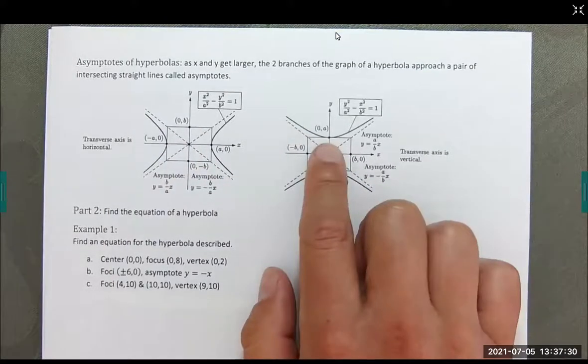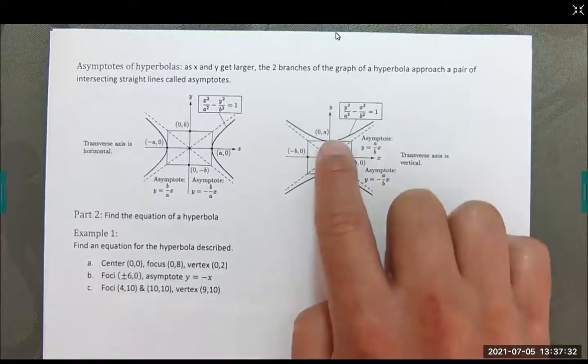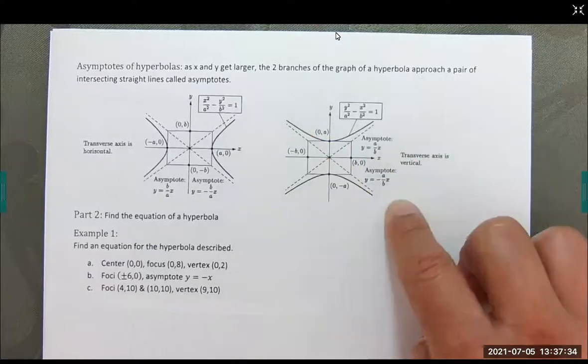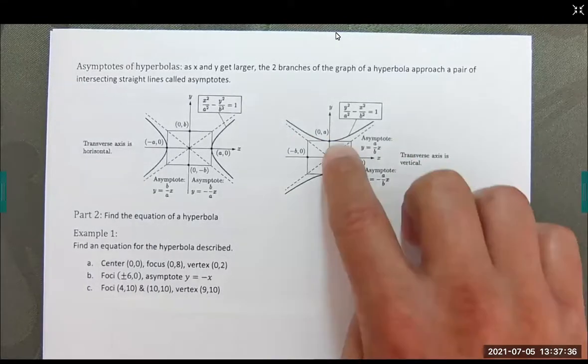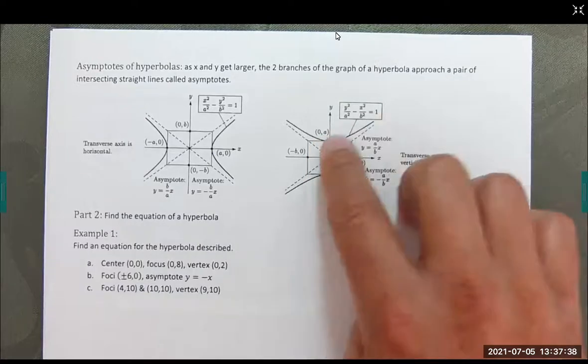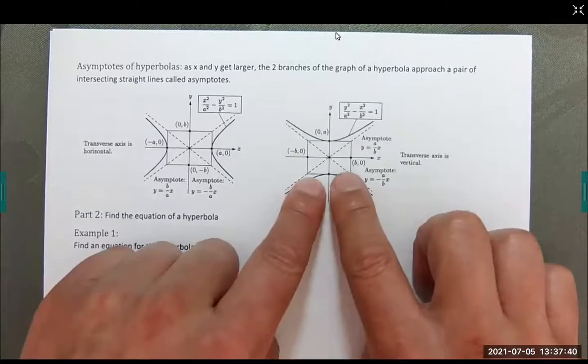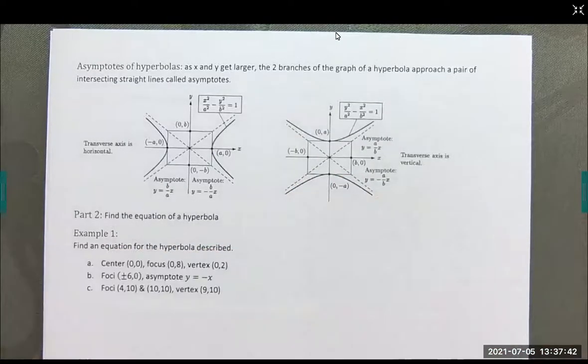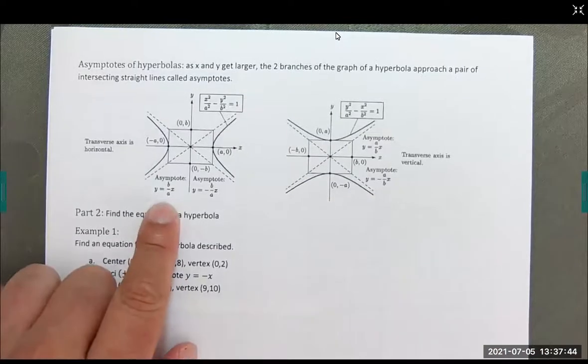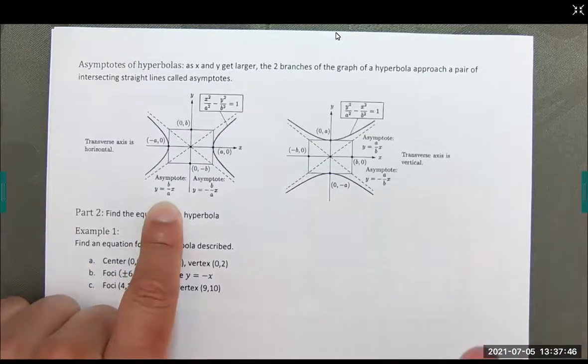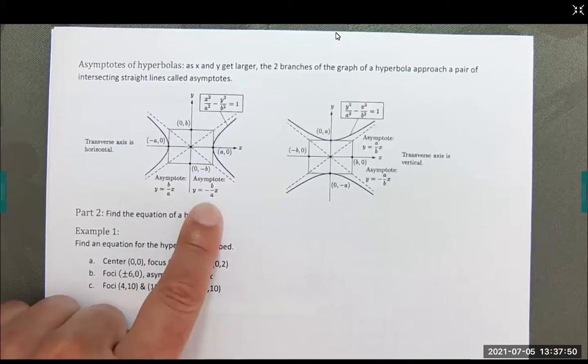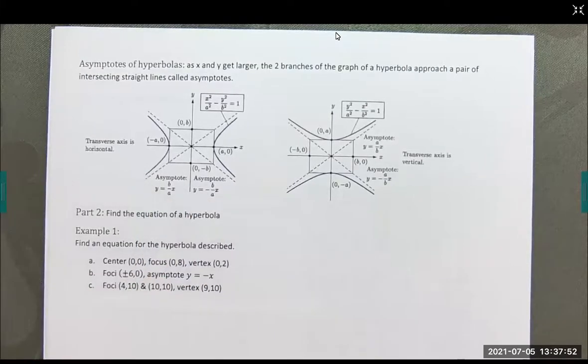Here, when we have a vertical transverse axis, we have the asymptotes, and this gets closer and closer in both directions. And the equations of the asymptotes are y equals, this is when we go through the center, b over a x, and negative b over a x. And that will be helpful for us here in just a moment. See that here as well.